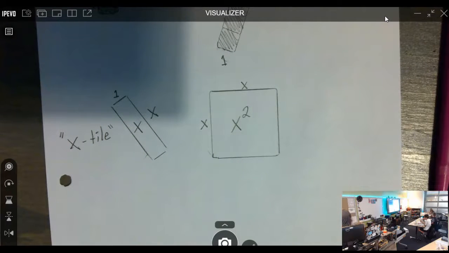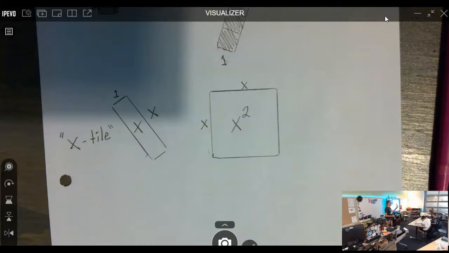Now, here's the problem. You're thinking, okay, so if X is a variable length that can change, isn't X squared also? Yes, it is. Here's the problem. It has to stay in the square shape. I only know how big X squared is if I know how big X is.